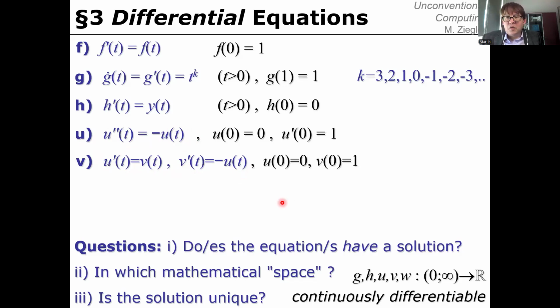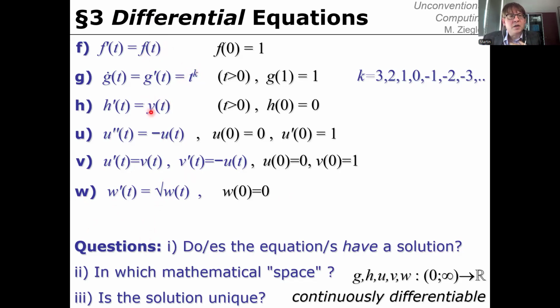Now let's move on and consider this differential equation, first order, W prime should be equal to the square root of W. So what's new here? New here is that this is a nonlinear differential equation. Previously, the right-hand side was just the function itself, or a constant function, right?